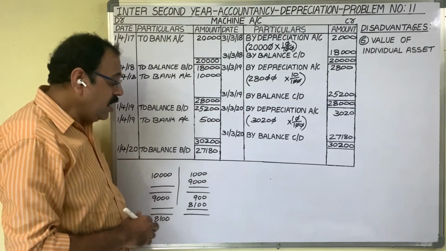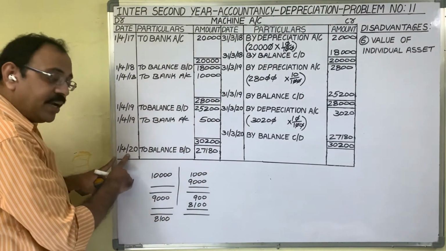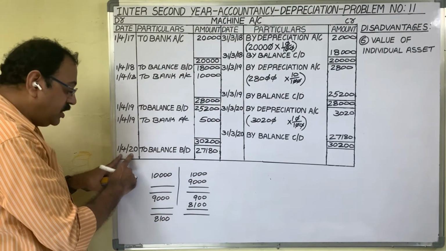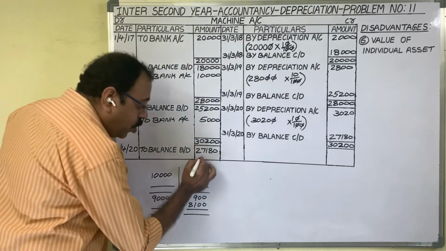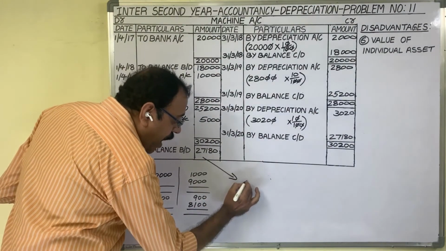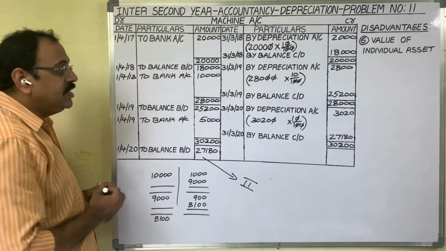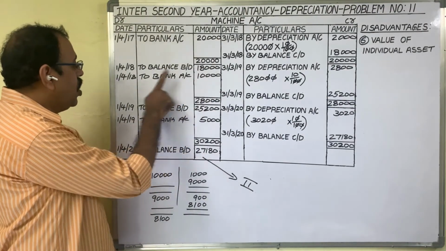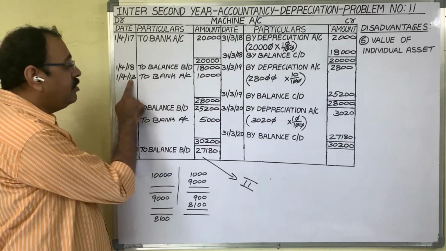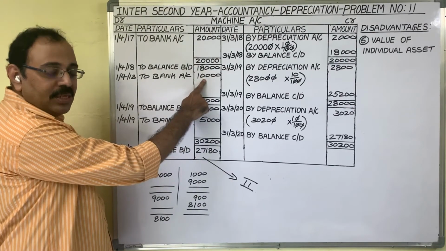For example, this is the fourth year starting date now. On this date, I want to know the value of the second asset. The second asset was purchased on 1/4/18 for 10,000 rupees.